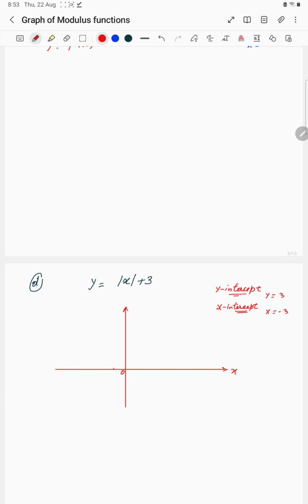So here we can say this is 1, this is 2, this is 3, this is minus. Here it is 1, it is 2. It must be equal spacing. Approximately, you need to draw it, but in a good way.